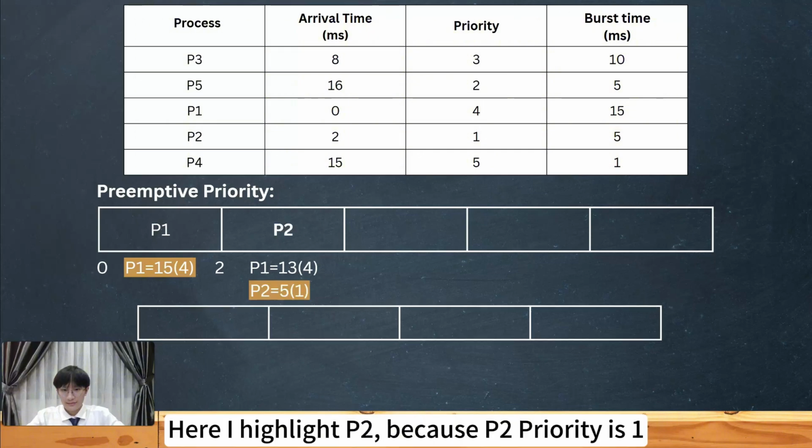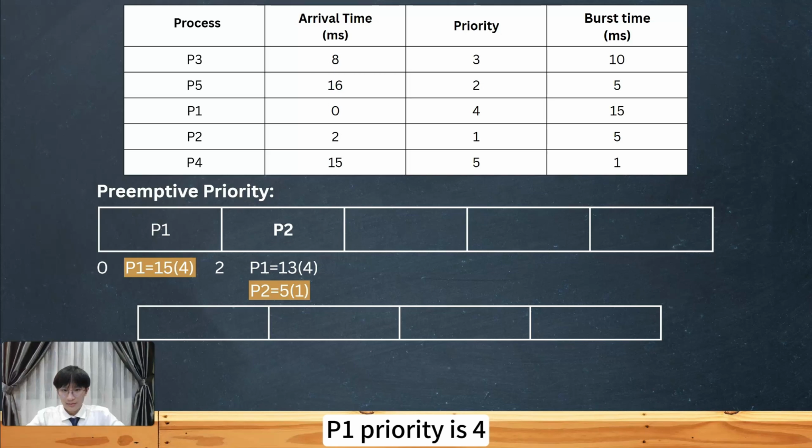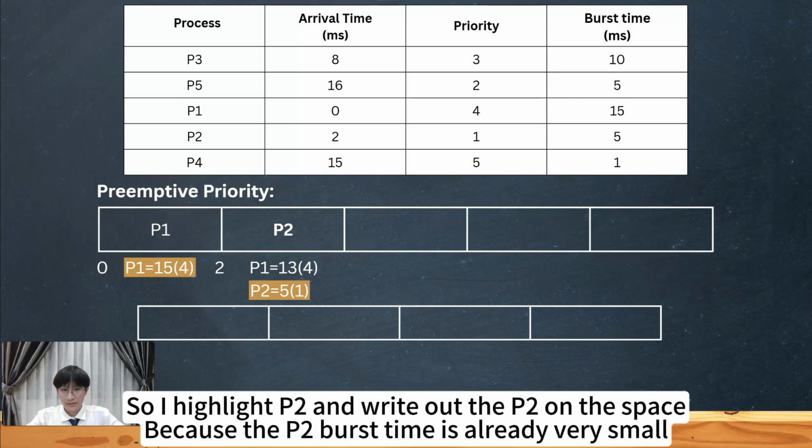Here I highlight P2 because P2's priority is 1. P1's priority is 4. P2's priority number is lower than P1's, so I highlight P2 and write P2 in the space.